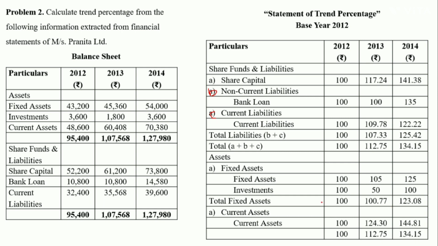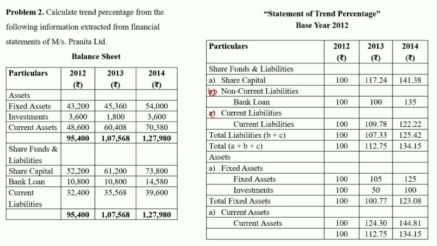See, this is the statement of trend percentage of balance sheet by considering the base year 2012. Now we have to interpret this analysis. By observing this table, we can interpret the fixed asset and fixed liability. Fixed liability means non-current liability, that is 100, 100 and 135.